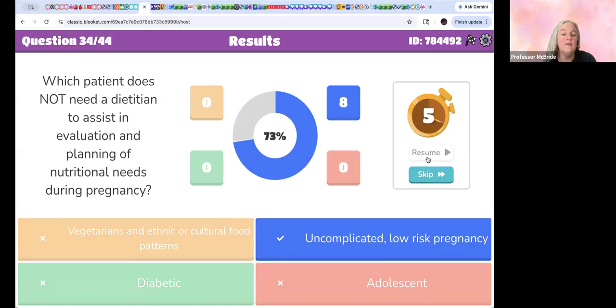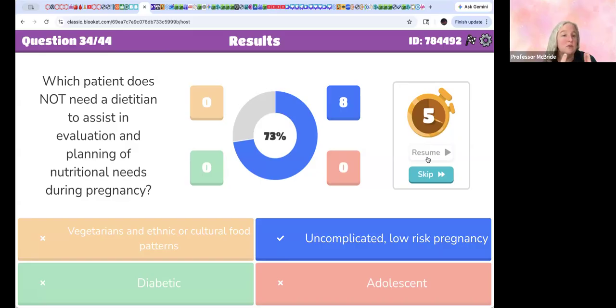Everybody else on here, all of these could benefit from one. Our diabetic, because we need her to learn how to make good food choices, right? She still needs carbohydrates to grow her baby, but how to pick the good nutritious carbohydrates. Our adolescent has a lot of nutritional needs. They are not good at picking good foods.